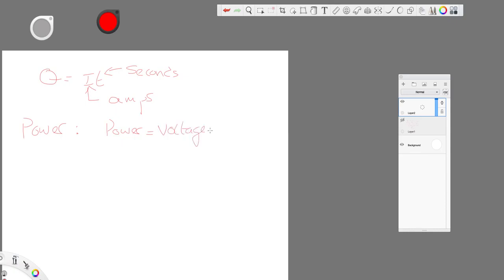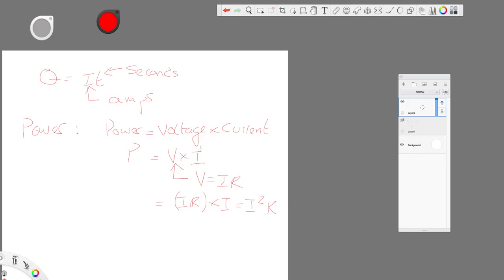I prefer potential difference, but I'll call it voltage because the symbol is V. Power equals V times I. But we also know Ohm's law, that V equals I times R. So you could write this P as I times R for this V times I, which gives us I squared R.